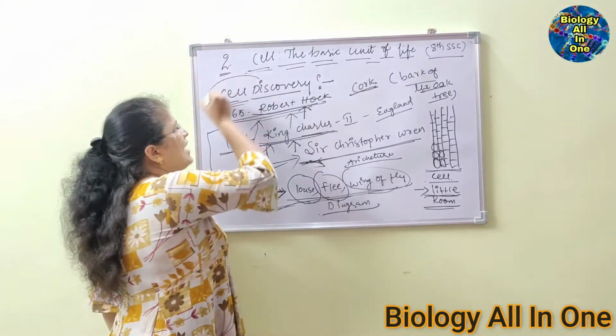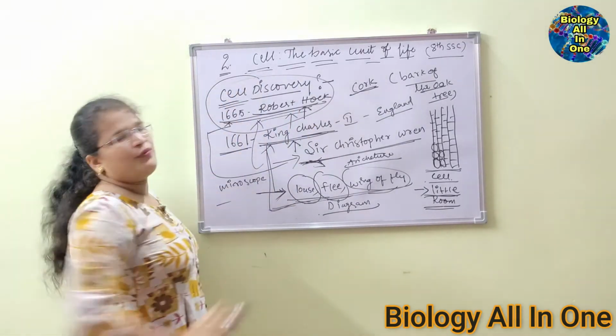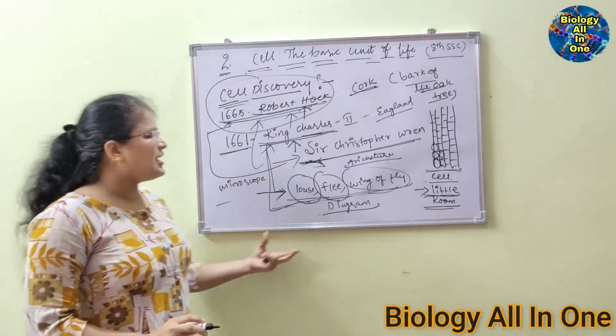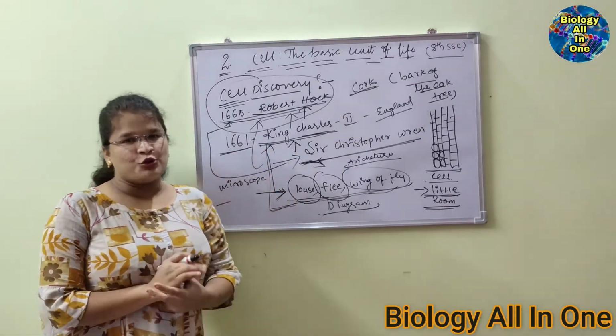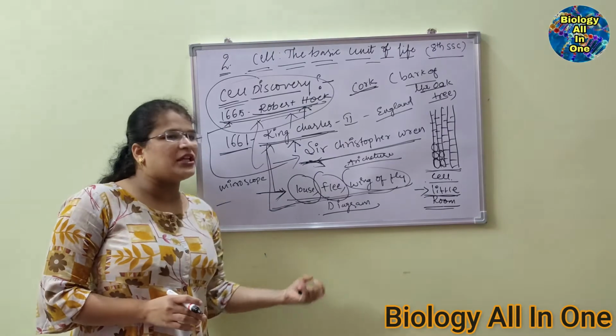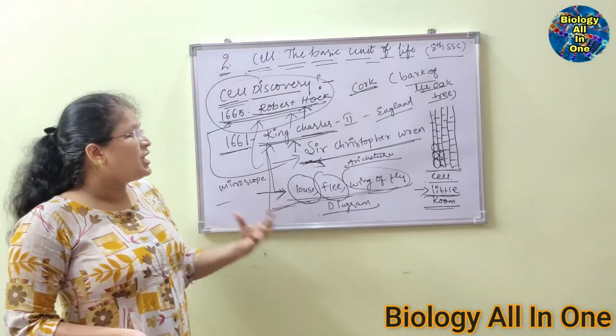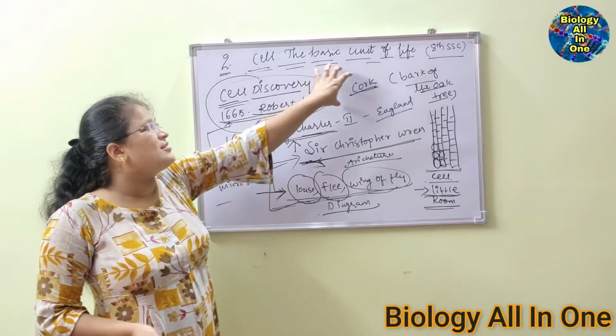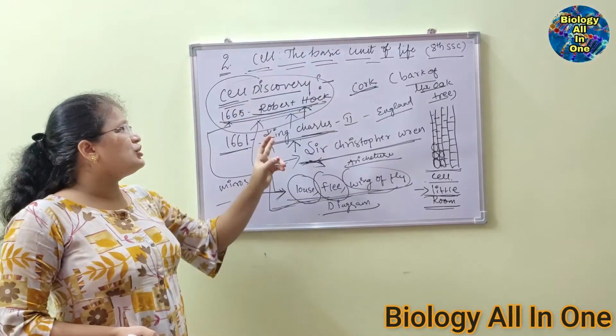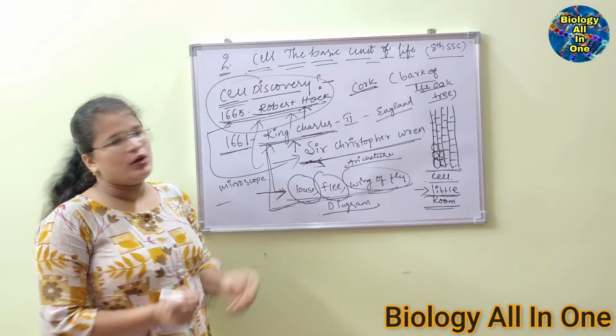This revealed the unknown facts which were present under the microscope. Means the microbial world was totally revealed, and we captured that organisms, the basic unit, are made up of cells just because of Robert Hooke's discovery only.